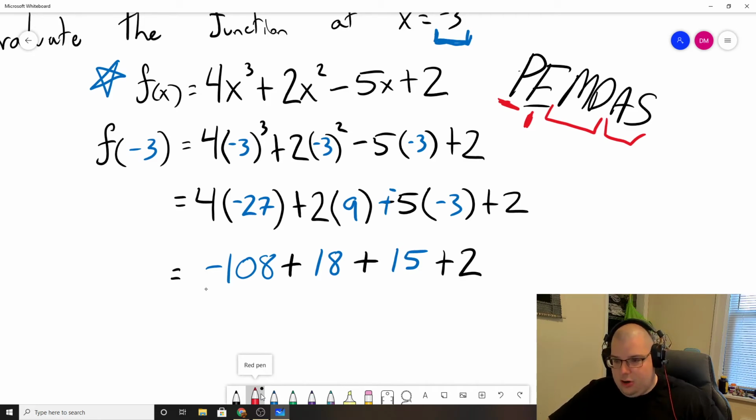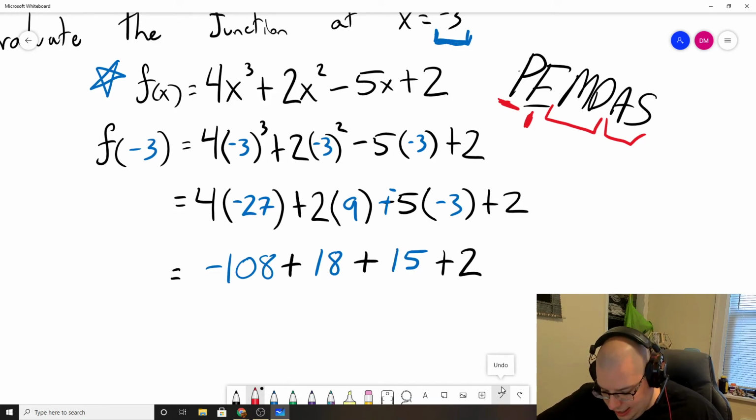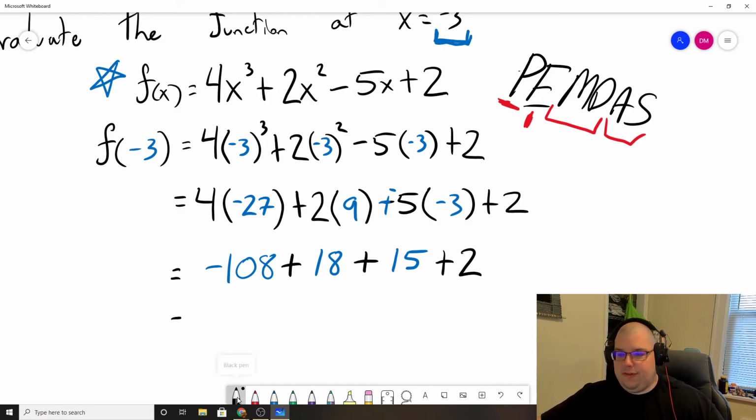Negative 108 plus 18 is negative 90, plus 15 is negative 75, plus 2 is negative 73, and that gives us our final answer of negative 73.